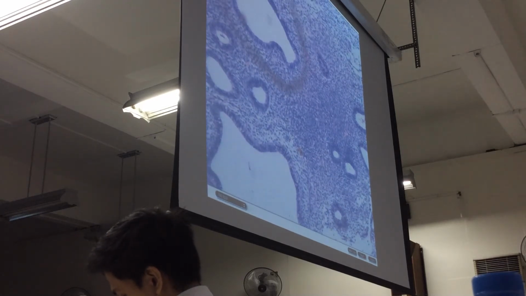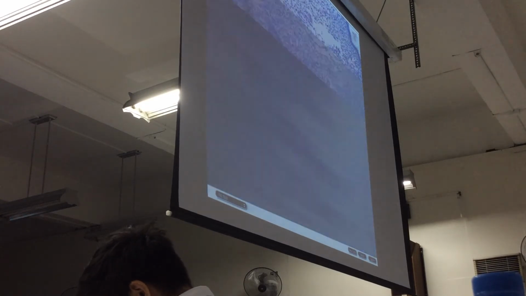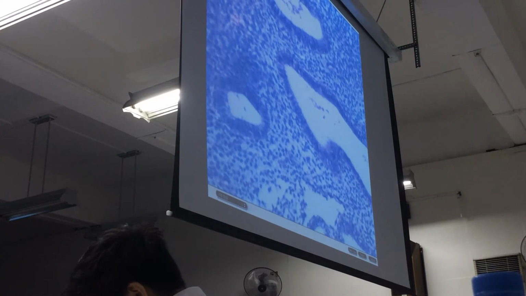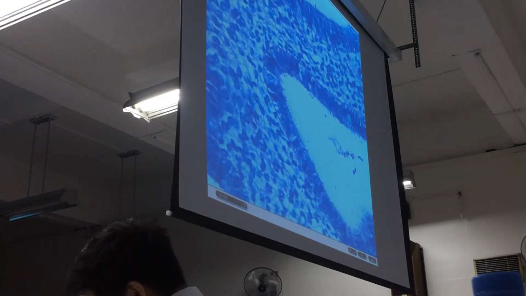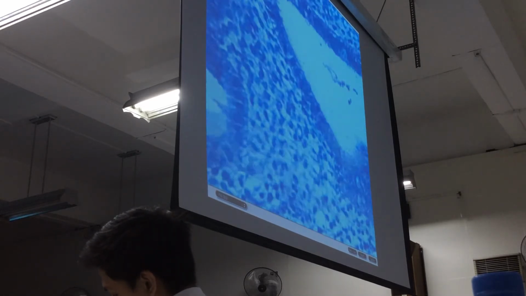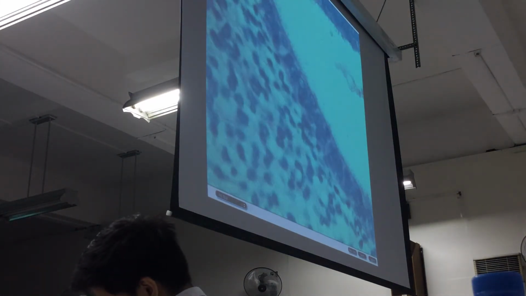Swiss cheese. Okay? Higher magnification shows you that these glands are still lined by cells showing polarity. Focus on the nuclei of the cells lining the epithelium, lining the glands. Okay.